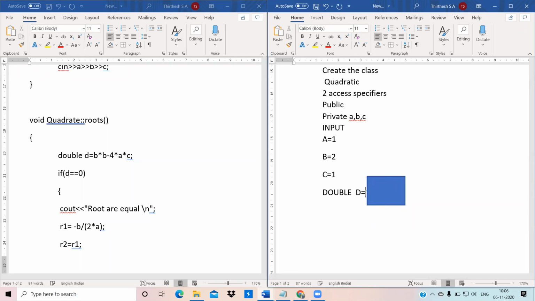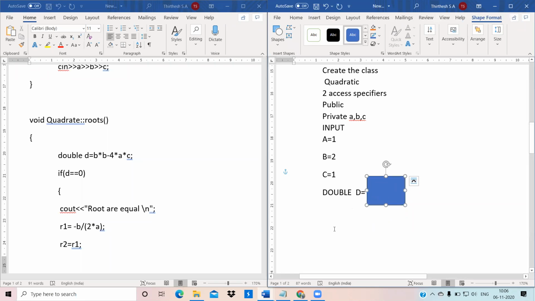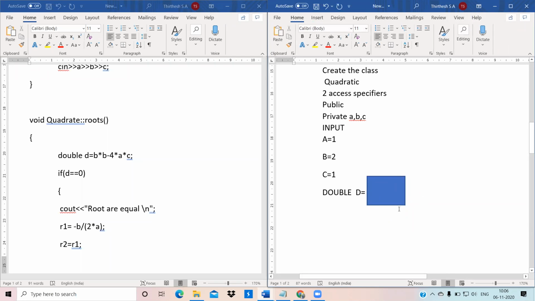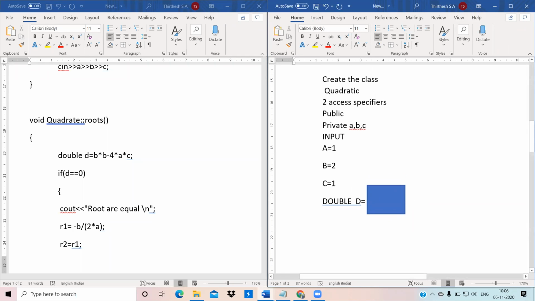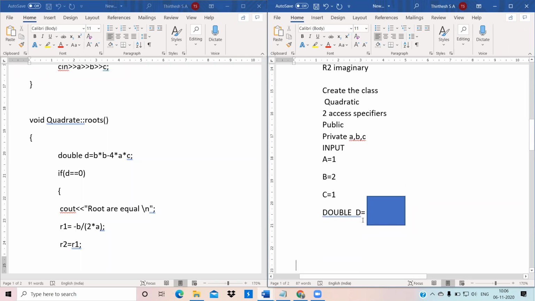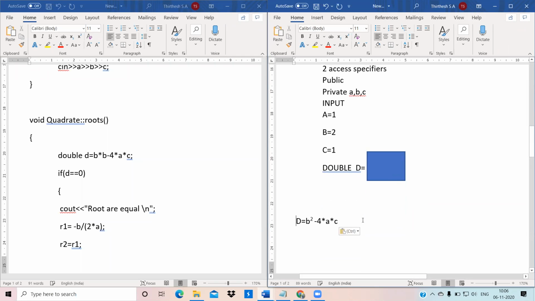Double d is equal to, here your calculation goes on. The calculation is d is equal to b square minus 4ac, and the roots are minus b plus or minus root of d divided by 2a. So now d is equal to b square, which is 2 into 2, minus 4 into 1 into 1. So d is equal to 0.